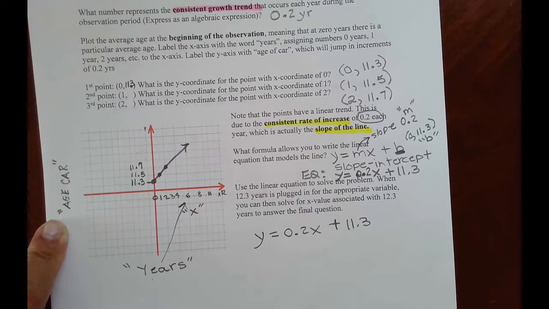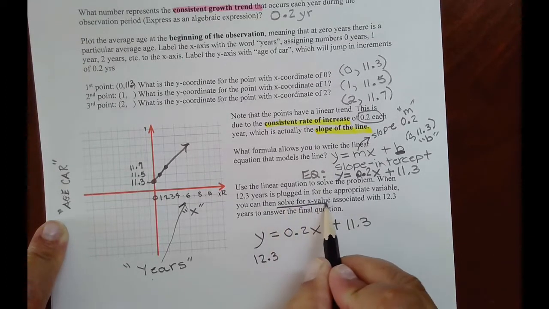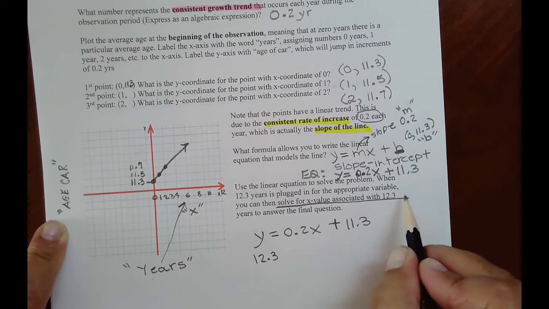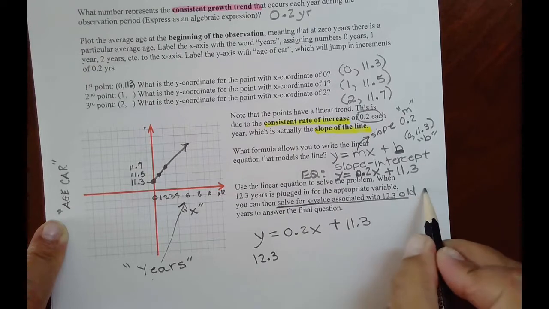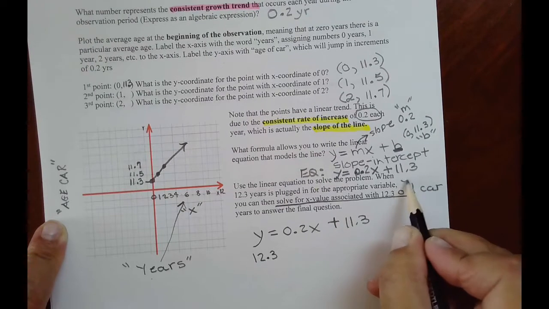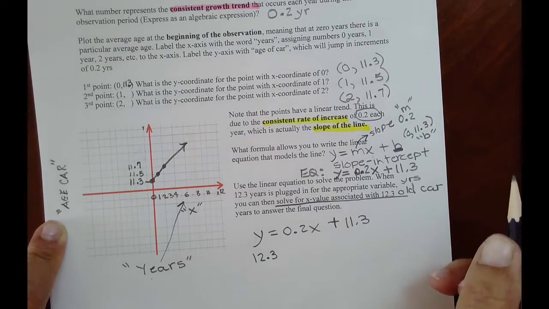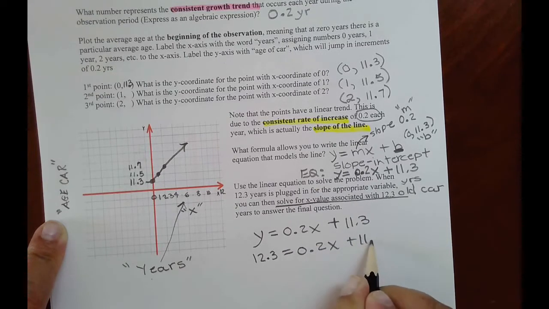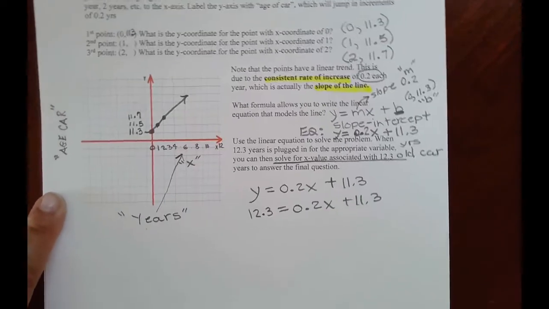So we're going to put 12.3 here, that'll represent the age of the car, and then we can solve for the x value associated with a 12.3 year old car. That's how many years old it is. This will be 0.2x plus 11.3, and we're going to solve for x.